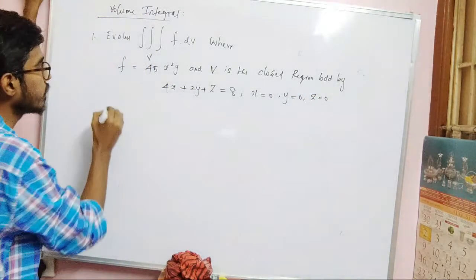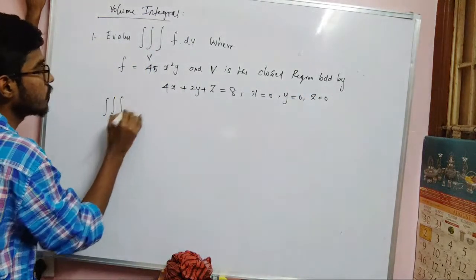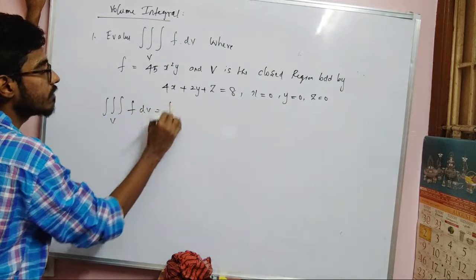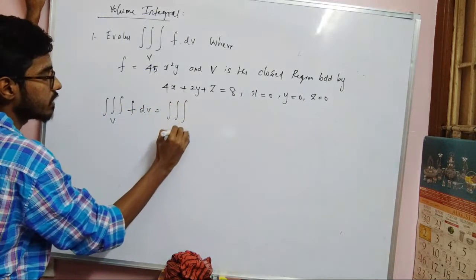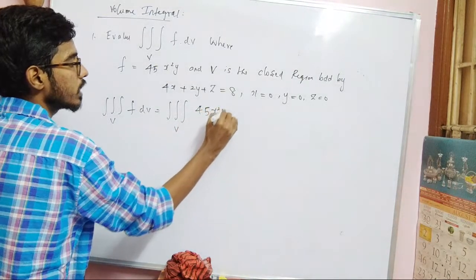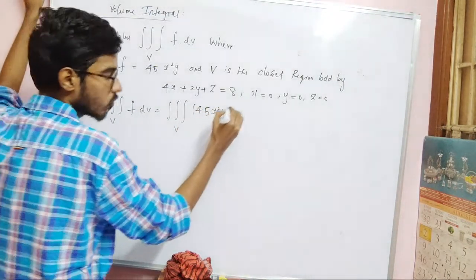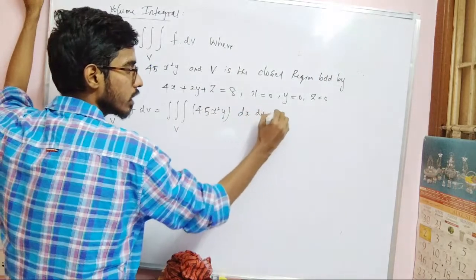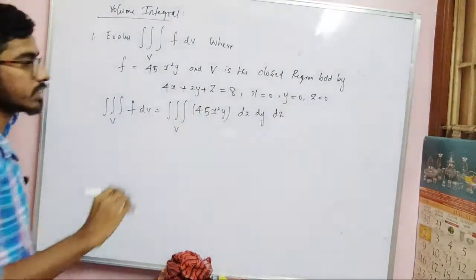Now we need to evaluate the triple integral over V of F dV. So dV is nothing but dx dy dz, right? So F is 45 x square y dx dy dz.